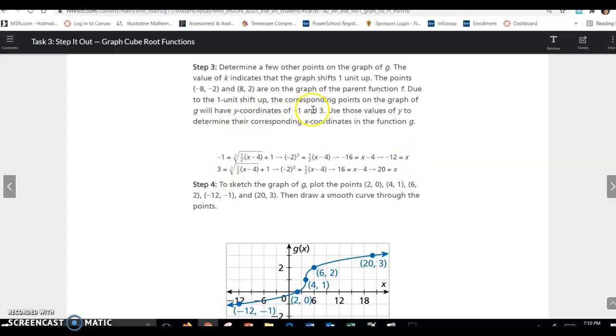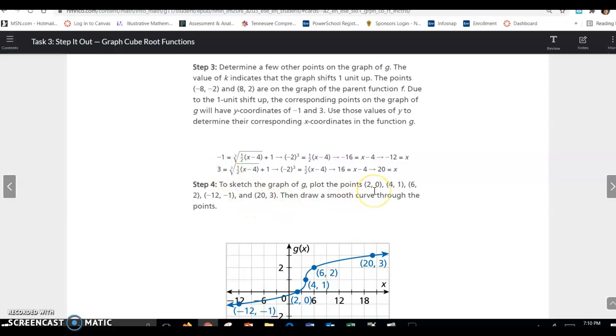When you plug in 3 to your y value, and solve the equation, you get x equals 20. So that means (-12, -1) is 1 point, and (20, 3) is another point.